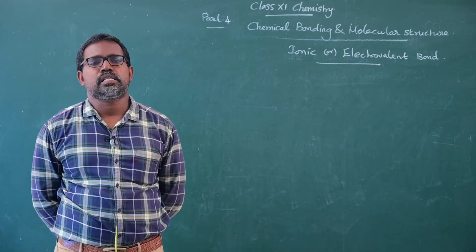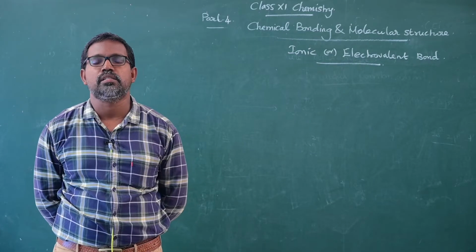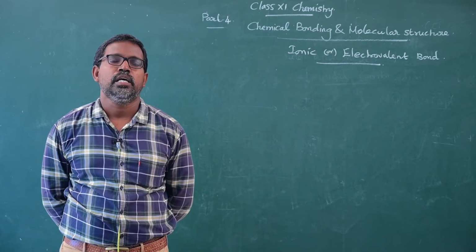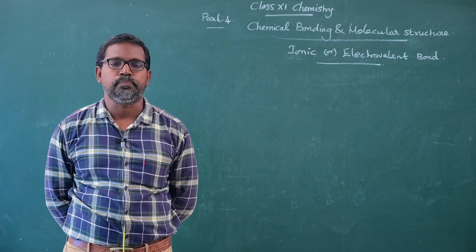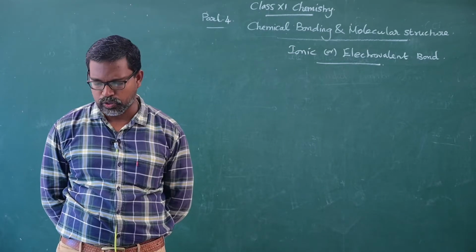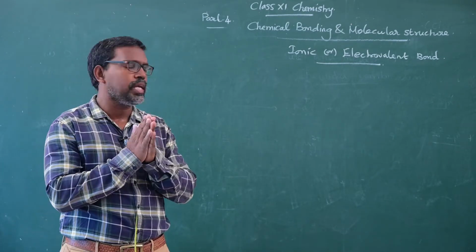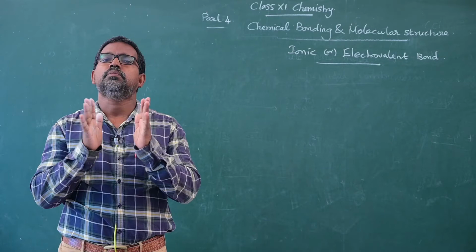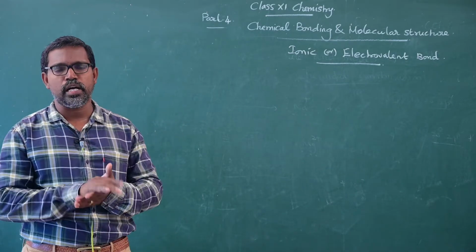So far we discussed the Lewis-Kossel approach towards chemical bonding based on the electronic theory, and the elements present in the alkali metals and halogens. First of all, what type of force operates between the positively charged cation and negatively charged anion?